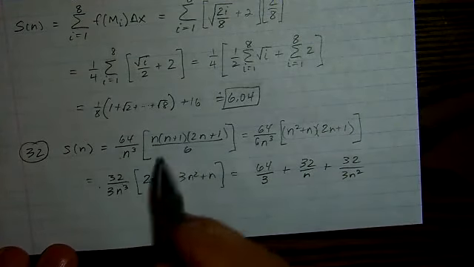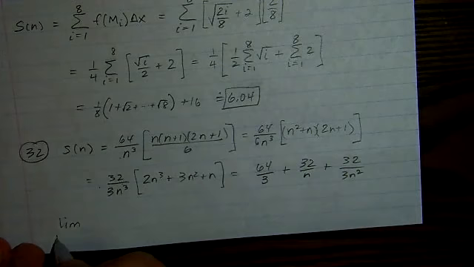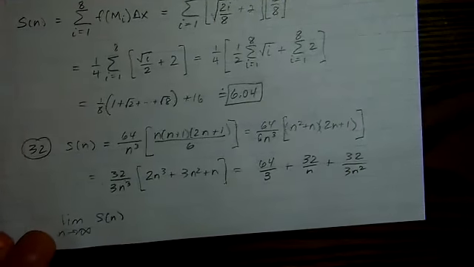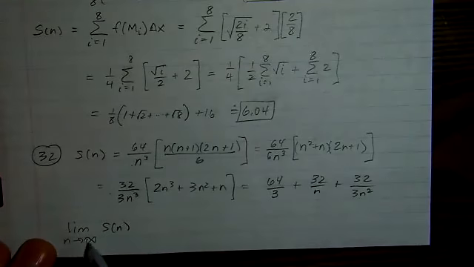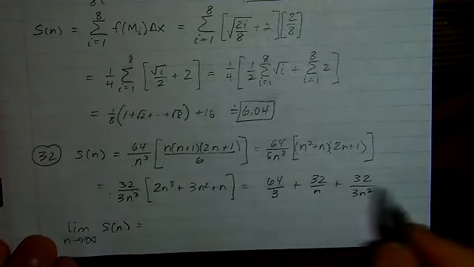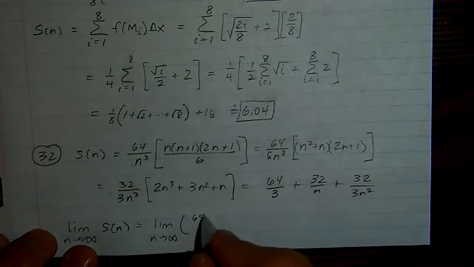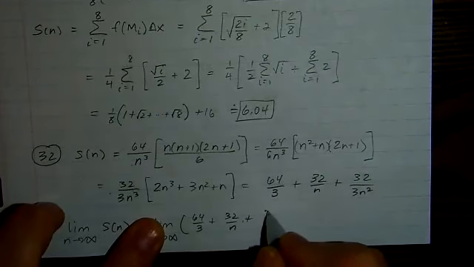Cool. So this is just this, and the question is, what happens to the limit? What happens as n goes to infinity, n representing our number of rectangles, as this: the limit as n goes to infinity of 64 over 3 plus 32 over n plus 32 over 3n squared.